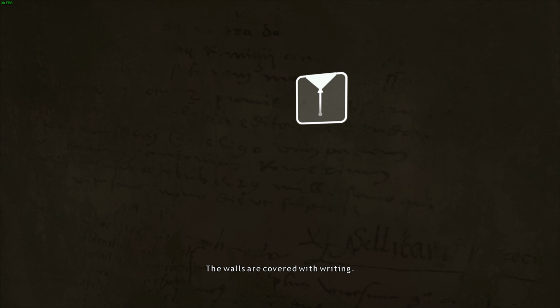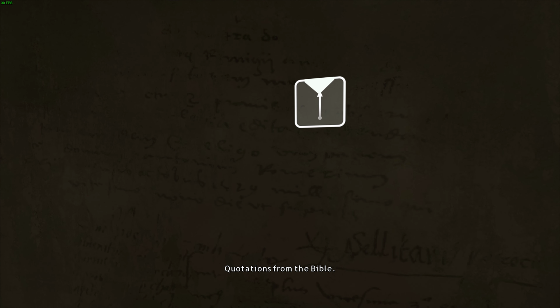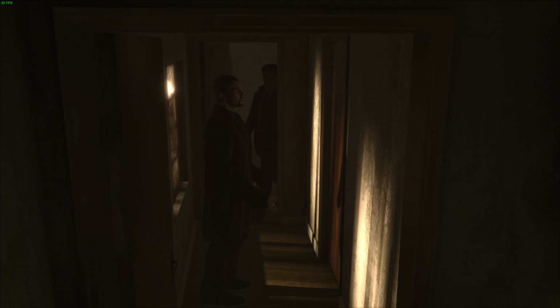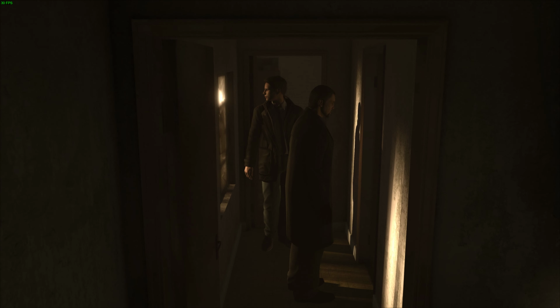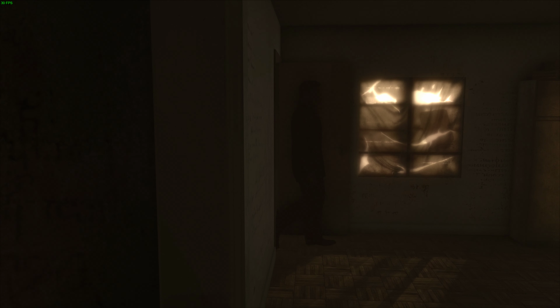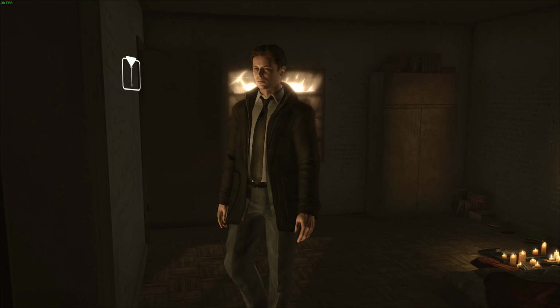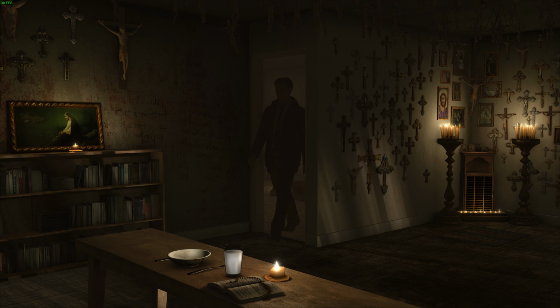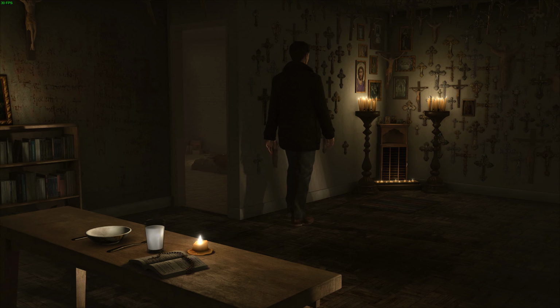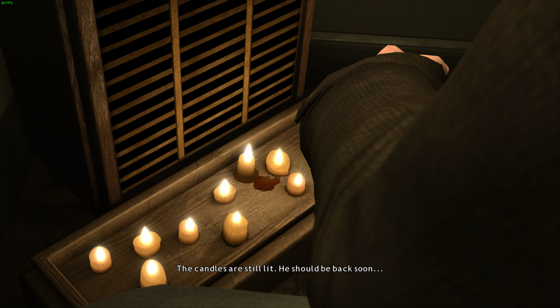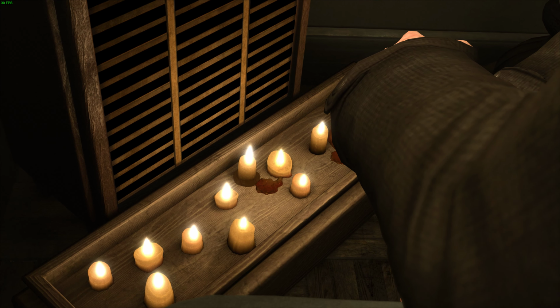The walls are covered with writing. Quotations from the Bible. Candles are still lit. He should be back soon.